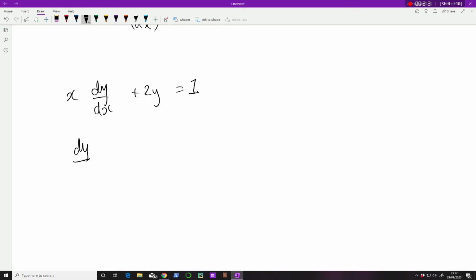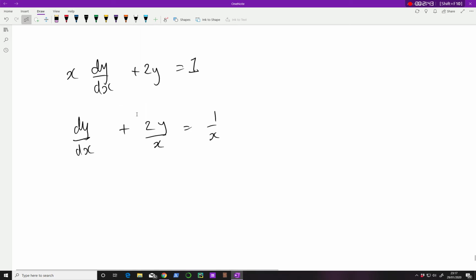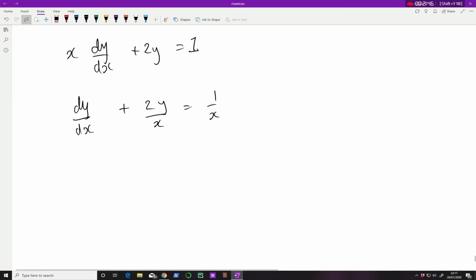So I divide both sides by x, and I get dy by dx plus 2y over x equals 1 over x. 2 divided by x is a function of x. So my p is actually 2 over x.